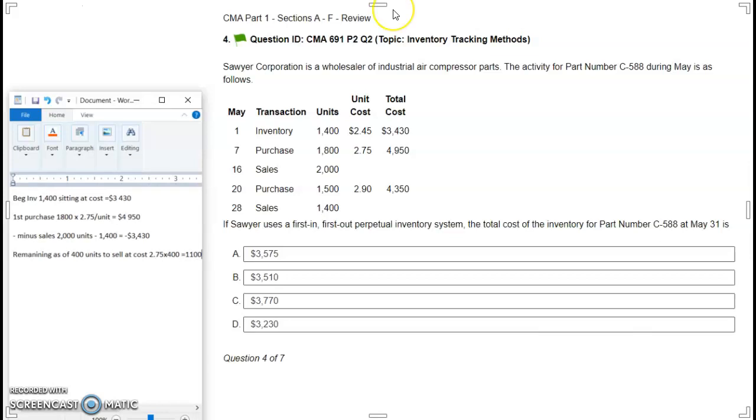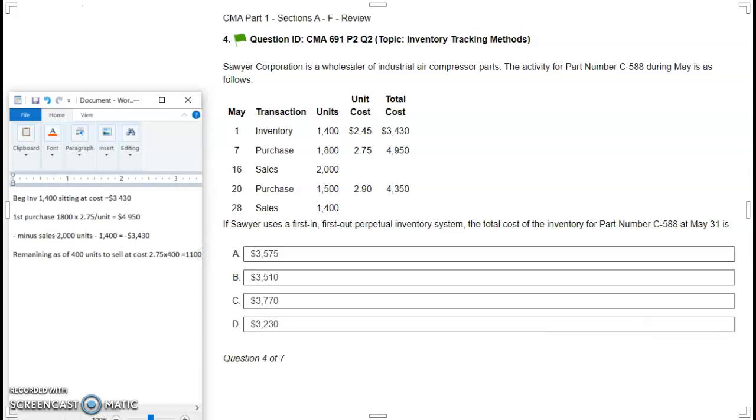The first batch is all gone; it has all been sold. The second batch we purchased was 1800 additional units at this cost price. Now we take away 400 out of this because total sales were 2,000. 400 out of this gives us 1100.